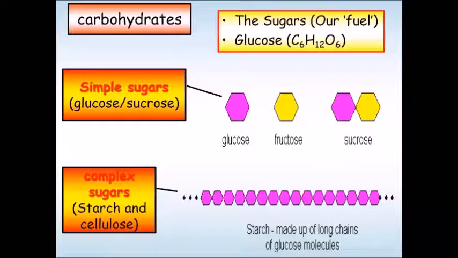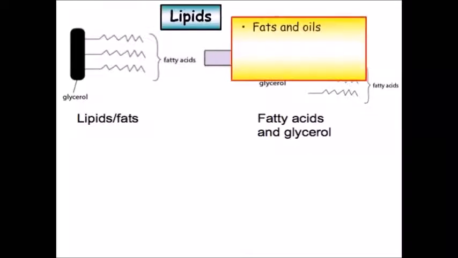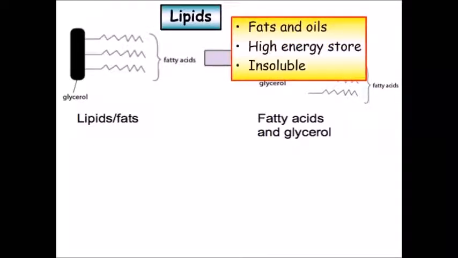to allow them to break it down enough so they can absorb the glucose. Lipids are slightly more complex because they've actually got four parts to them: three fatty acids and the glycerol shoulders there. This is why they're called triglycerides, because it's got three in it. They are essential for many things. They've got a very high energy store and they're also insoluble, so they don't affect osmosis.